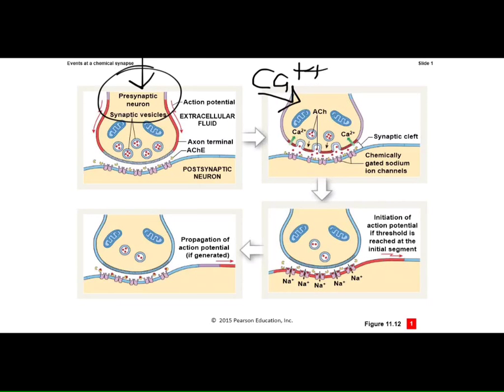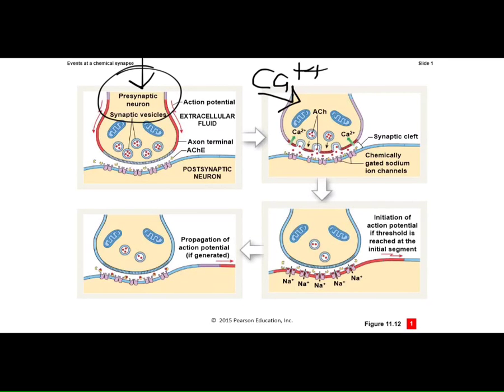Now, in this diagram, all these little red molecules are the acetylcholine. Acetylcholine now is going to bind to these receptors. On this membrane, those receptors are what type? Acetylcholine is a chemical, right? So these are going to be chemical or ligand-gated channels. They turn out to be sodium channels. So when the acetylcholine binds, it opens up a sodium channel. Sodium comes rushing in.